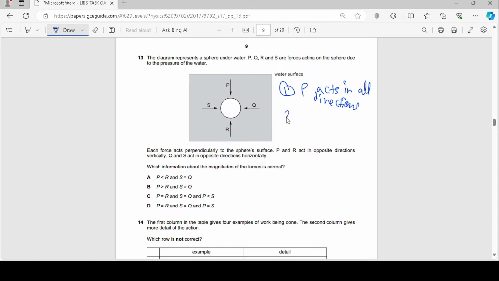That's their simplification in this paper. And the second thing you should know is that pressure of the liquid actually increases with depth.